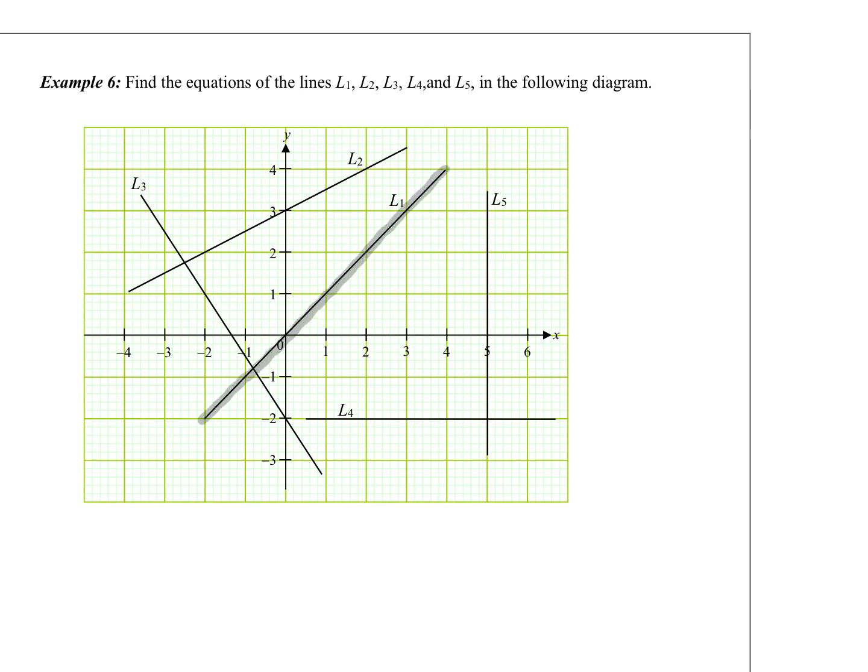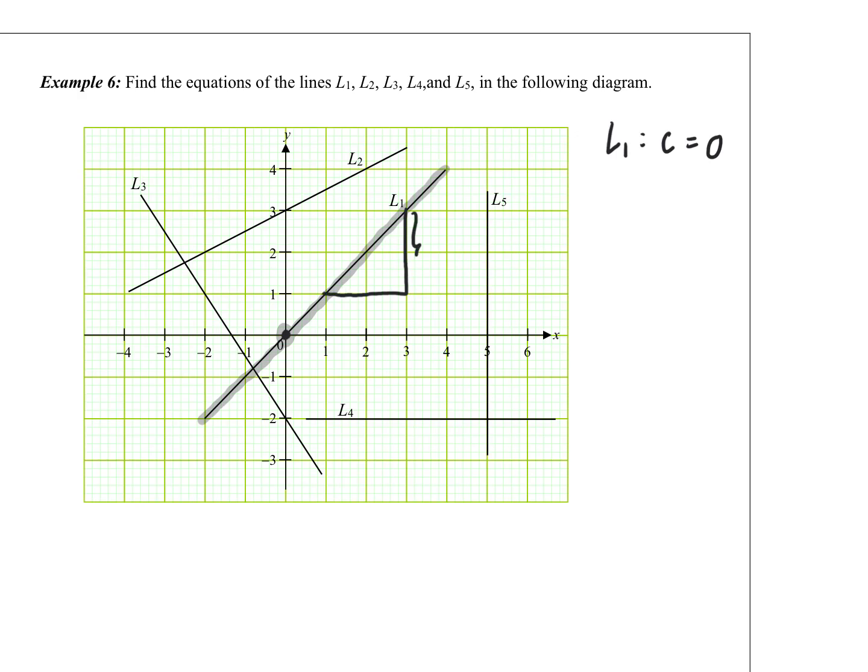Okay, first thing you check is the y-intercept. So for L1, the y-intercept is 0. It cuts the y-axis at 0. So I know c already. I need to find the gradient. So for the gradient, all you have to do is pick a right angle triangle that you can draw from the line, and then do rise over run.